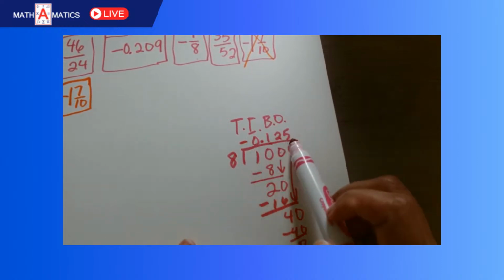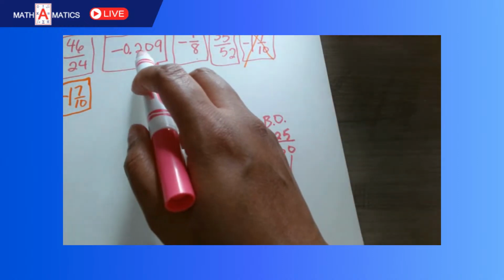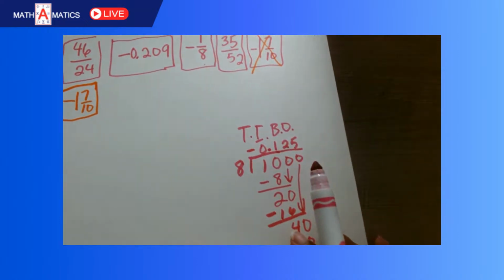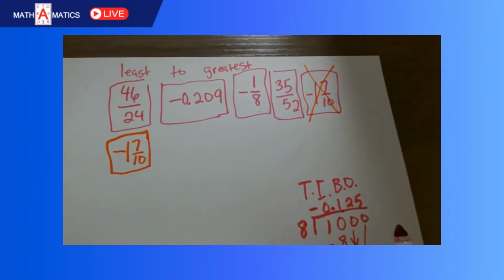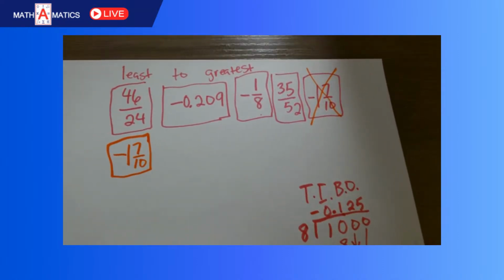So is negative 0.125 bigger or smaller than negative 0.209? That's 209 thousandths compared to 125 thousandths. Well, we know that the closer to zero a number is, the larger it is.